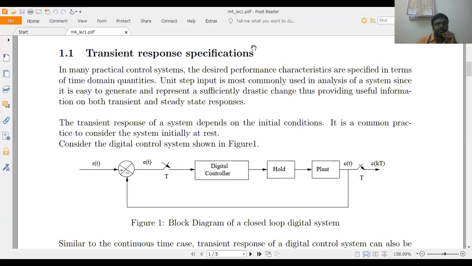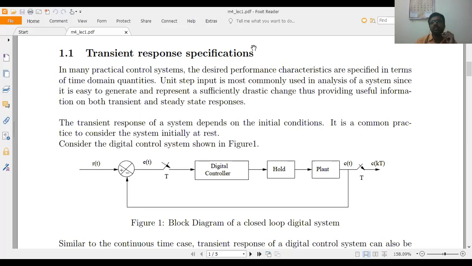With this input, there will be no drastic change, but it will provide complete information regarding both transient and steady state responses.